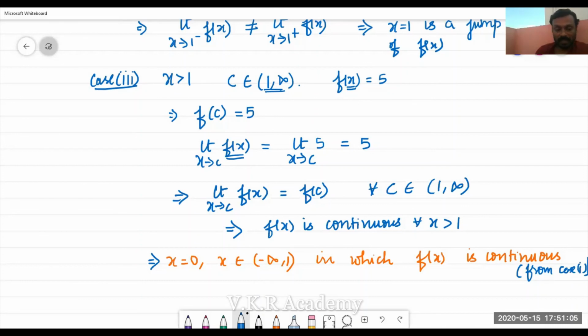And now the second point given in the question is x is equal to 1. And from case 2, f of x is discontinuous.